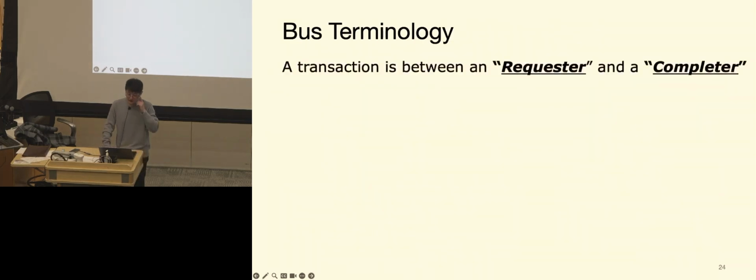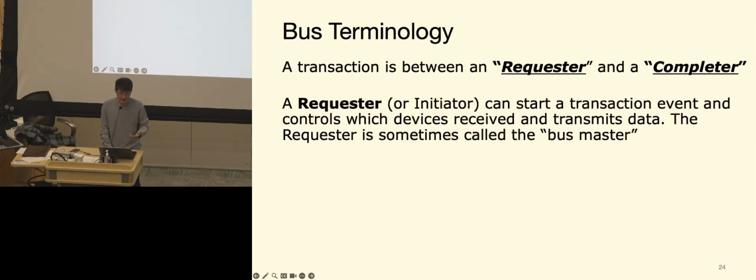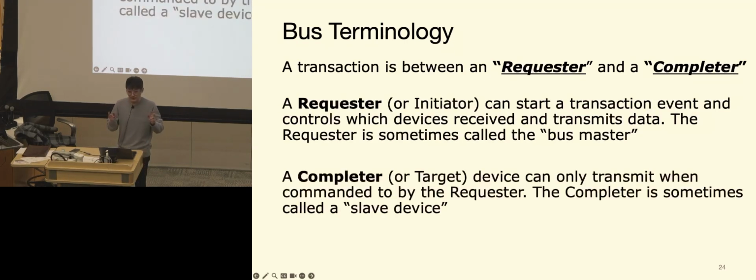And some of the terminology, I should probably have put this one slide earlier. Basically, transactions happen between a requester and a completer. Sometimes they're called initiator or target. They're essentially the same thing. The requester or initiator is what starts the transaction and controls which direction devices should be receiving and transmitting data.